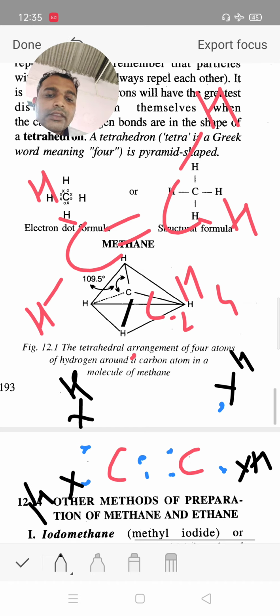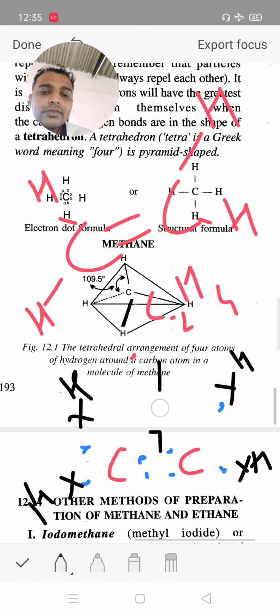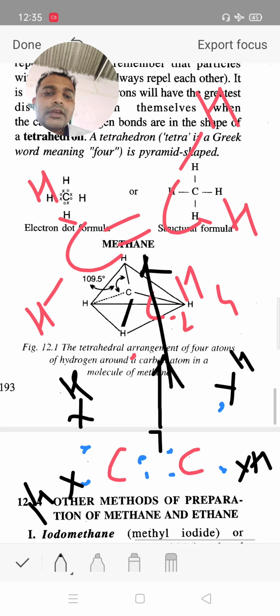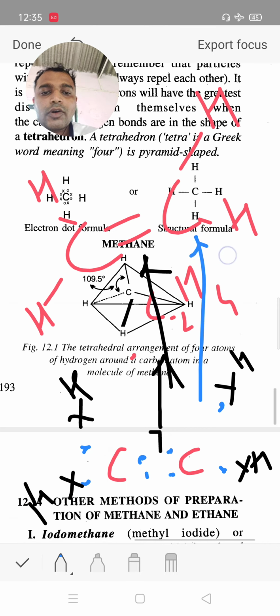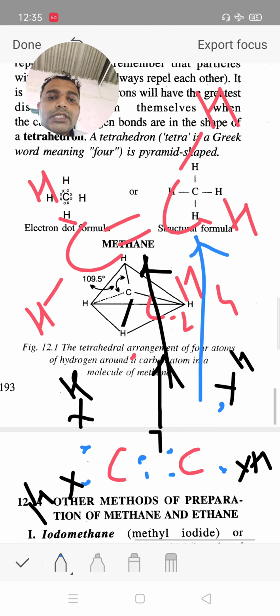This middle carbon has a double bond, dot and dot forming a bond, another dot and dot forming a bond. It is an example of an unsaturated compound, and dot and cross form a single bond.